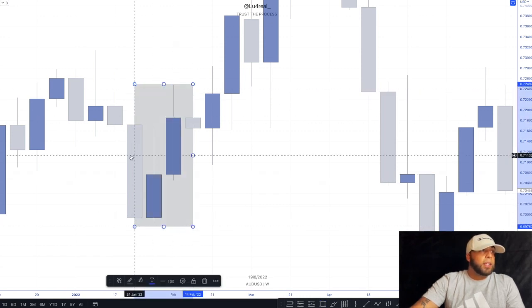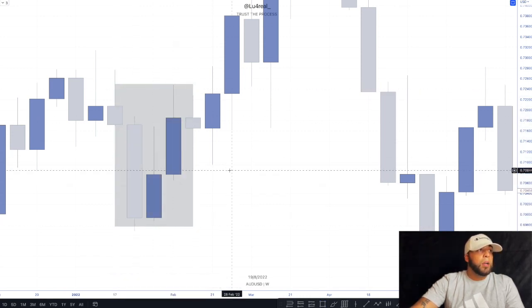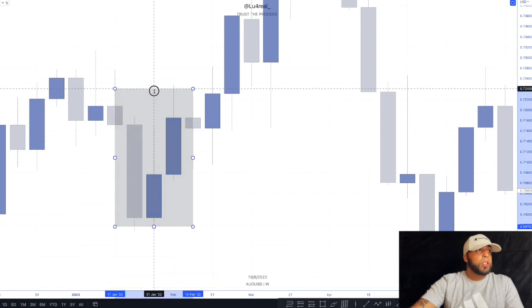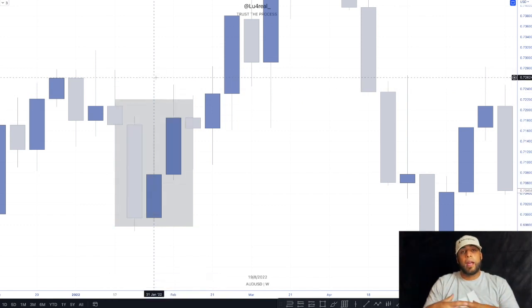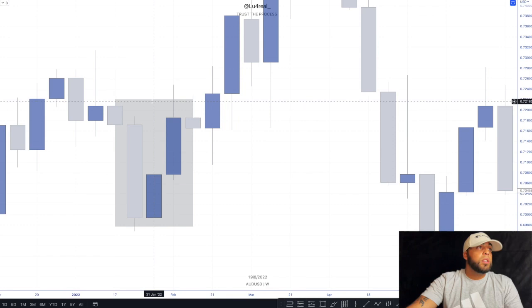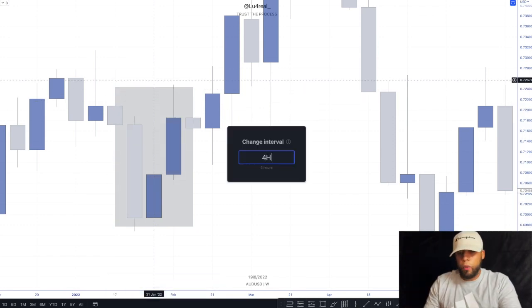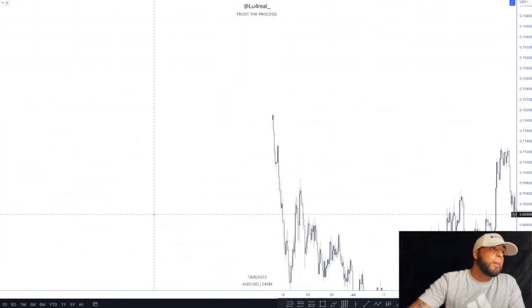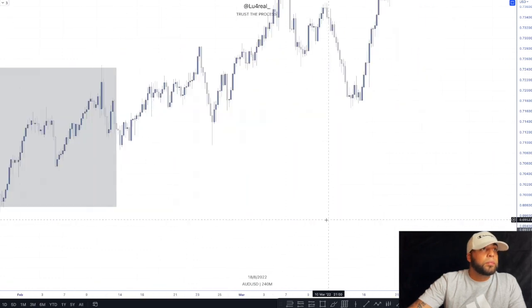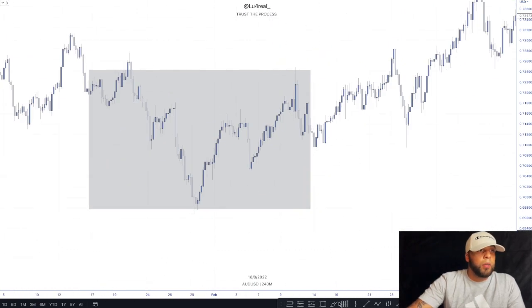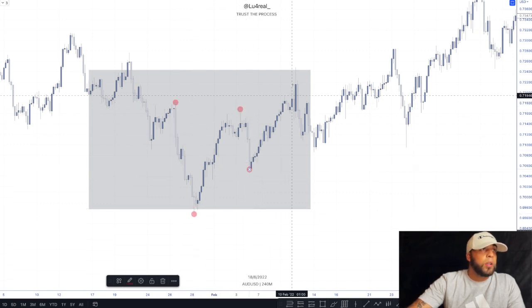So if we highlight this area, what happened here, right? Once the weekly candle shifted momentum, remember weekly candles align with 4 hour structure. So once the momentum has shifted on the weekly, what happened on the 4 hour time frame? Let's take a look. Pretty simple, right? You had your lower high, lower low, got some internal structure, and then what happened?